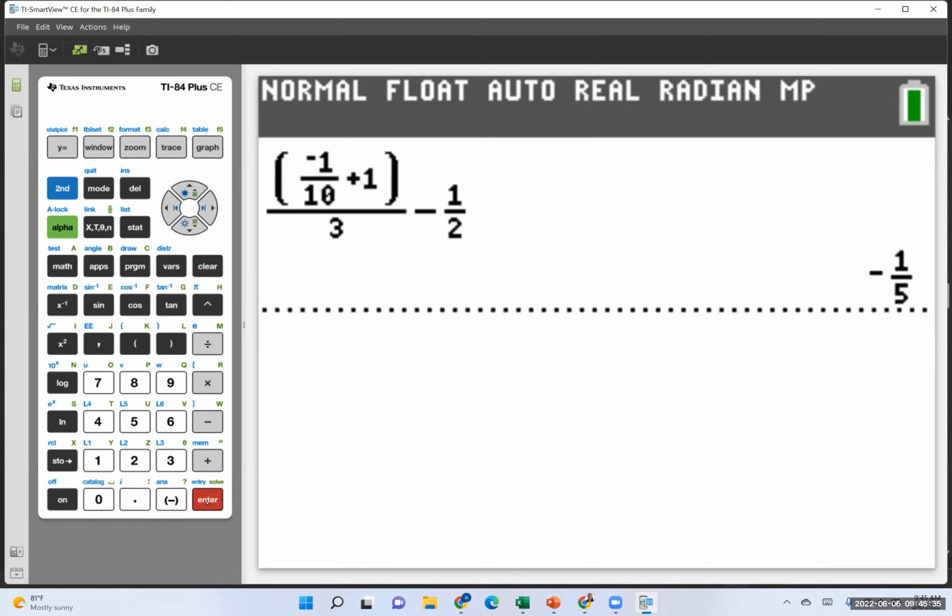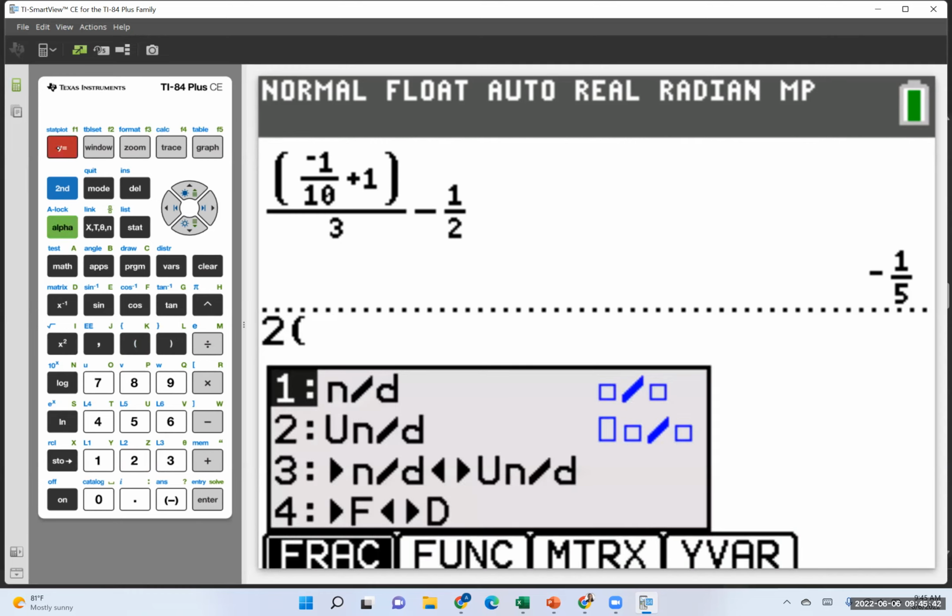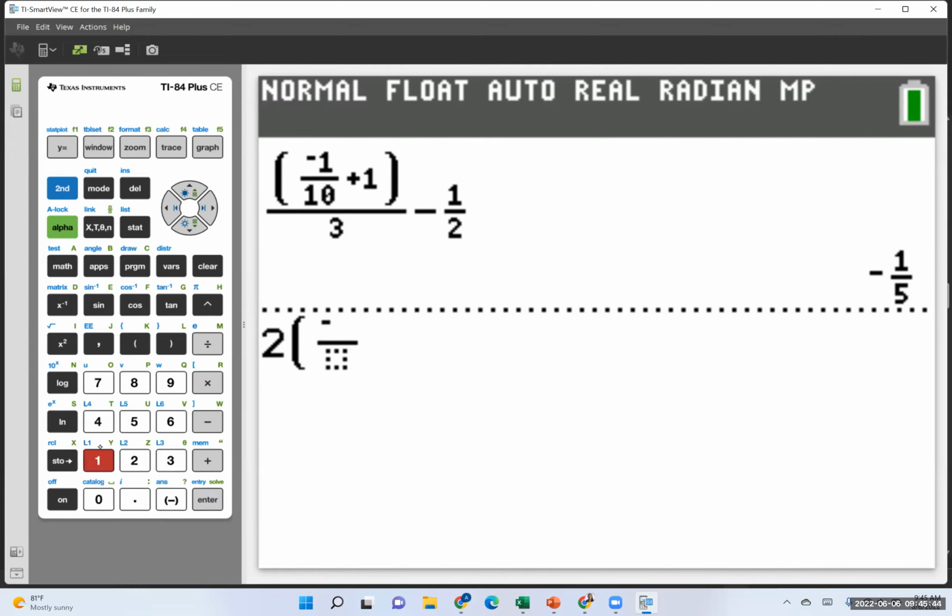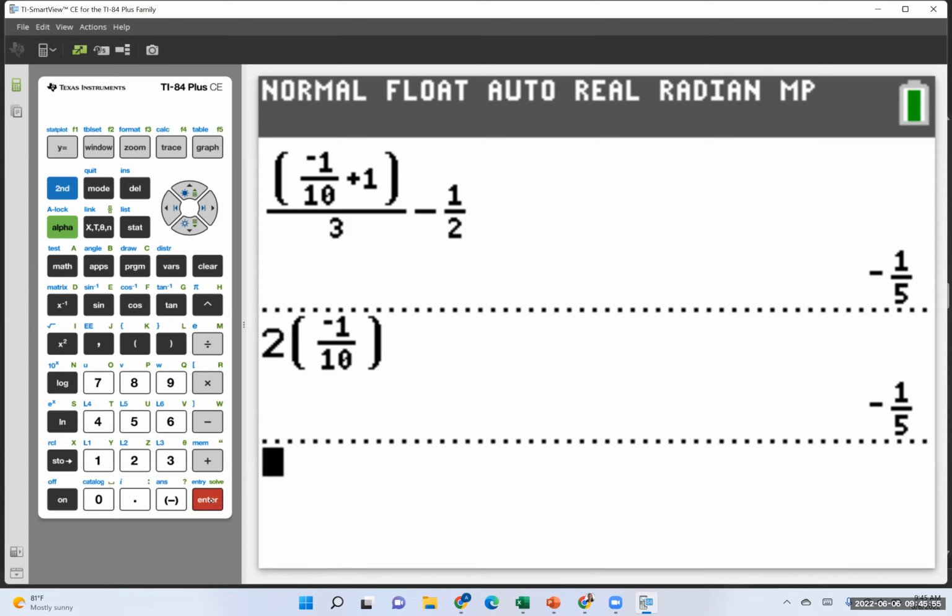There we go. If you push enter, it'll bring it back. So 2 times numerator over denominator, -1/10. Notice you got to get out of the fraction to close it. There we go. They both equal -1 fifth, so that means we did it correctly.